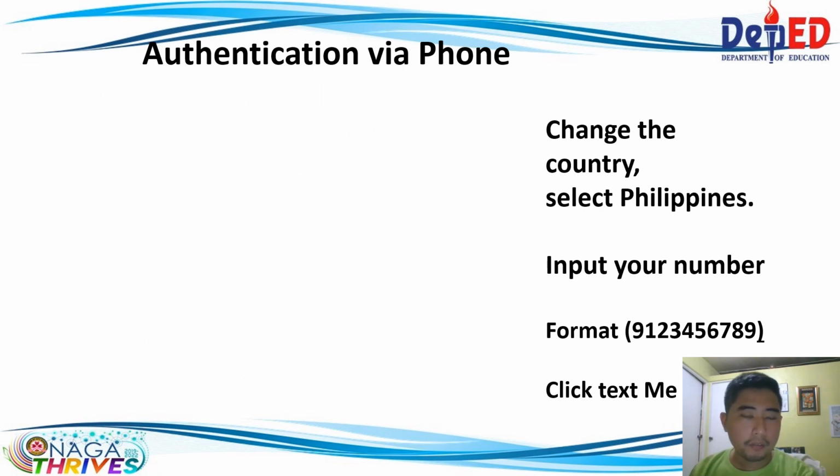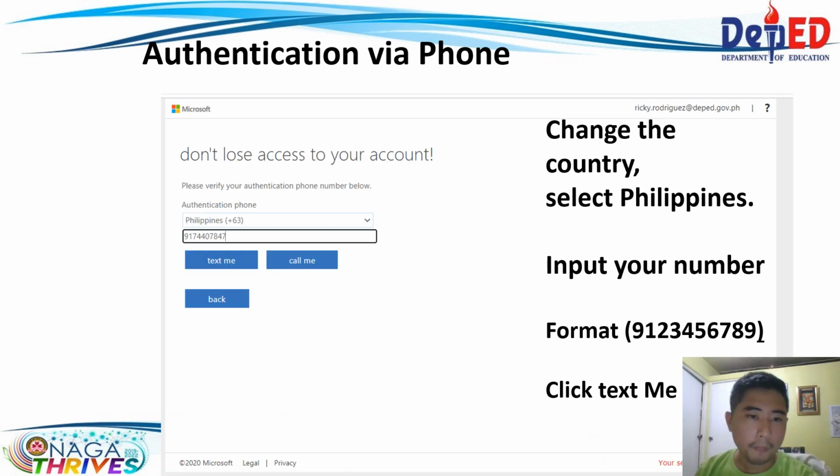For the purpose of demonstration, we will be using the authentication via phone. Okay, so you will need to use your phone number for this portion. You need to enter the area code, which for the Philippines is +63.